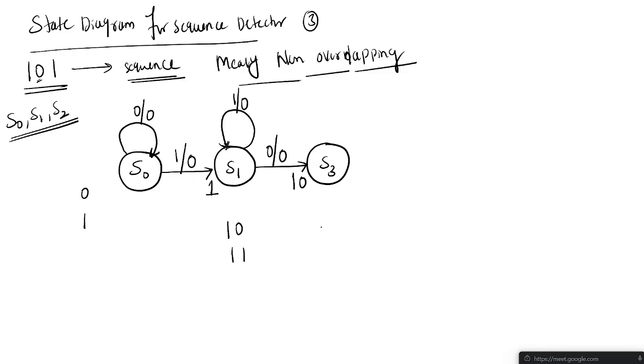And next you have 1, 0. You can expect 0 or 1. If it is 0, it will go to the initial state. If it is 1 also, it will go to the initial state, and you got the sequence. Output is 1.